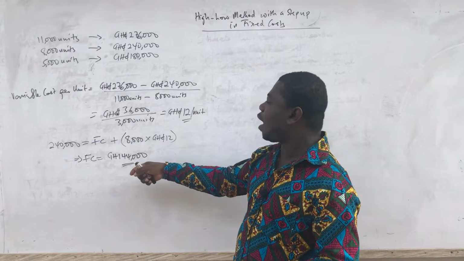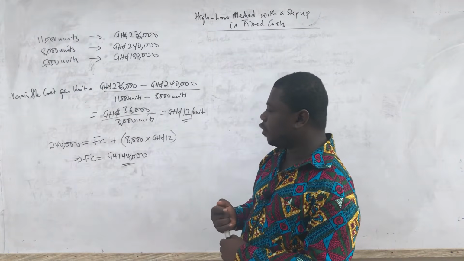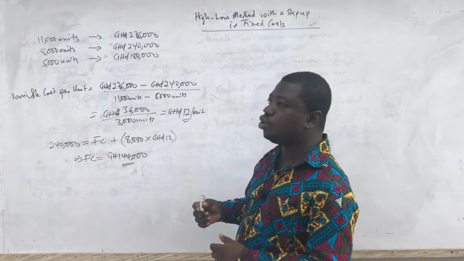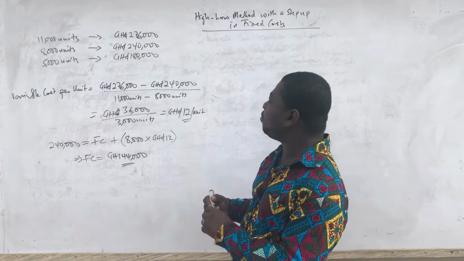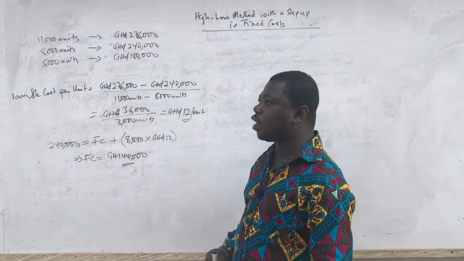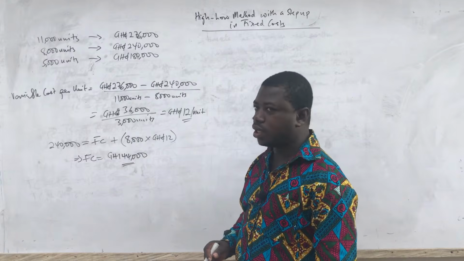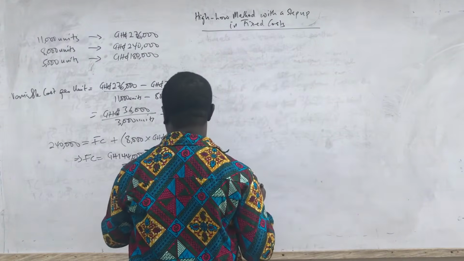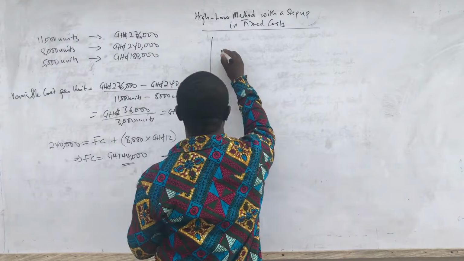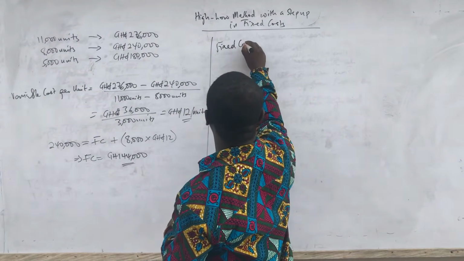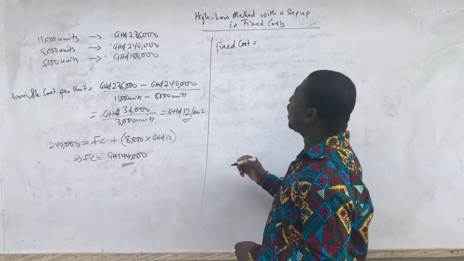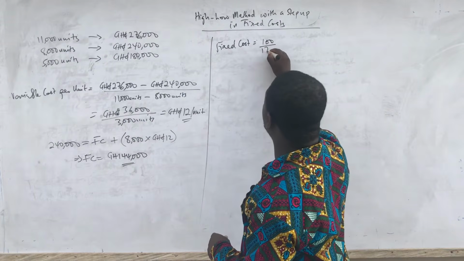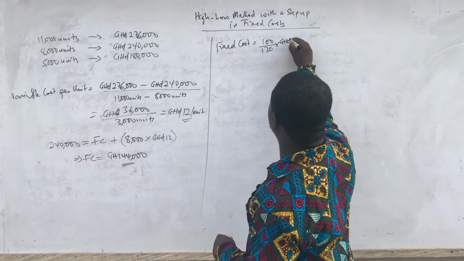Now, having known this to be 144,000, we can just use our simple mathematics. It means that this fixed cost is 120% of the original fixed cost because it has been inflated by 20%. And so in order to find the fixed cost for the lower level, we can simply say 100 over 120 times 144,000.